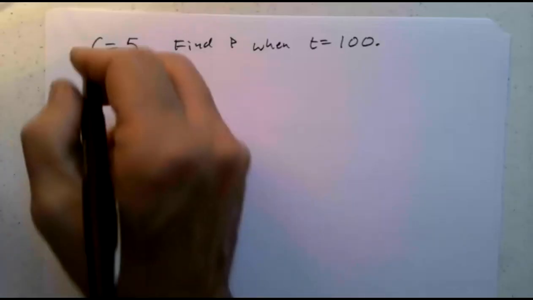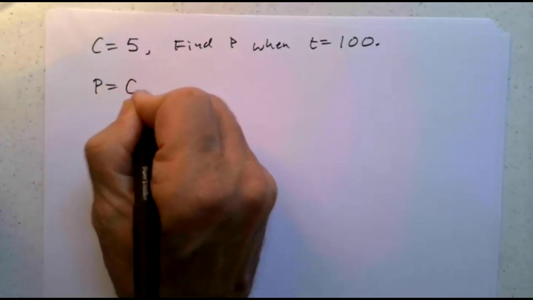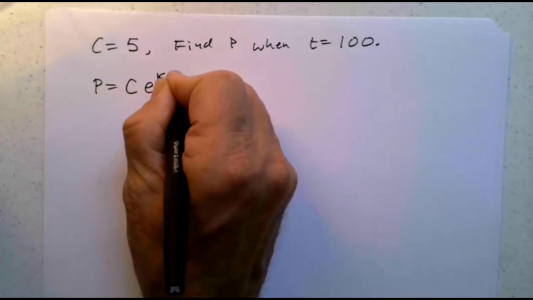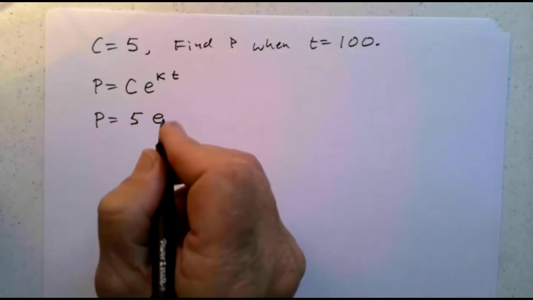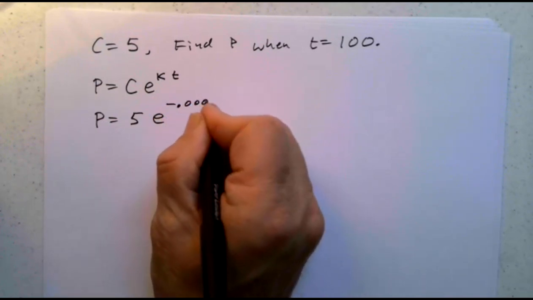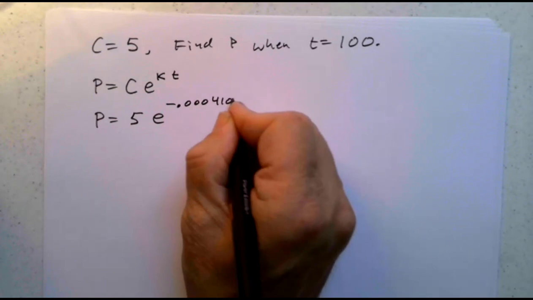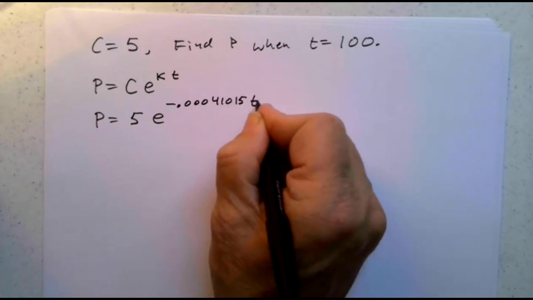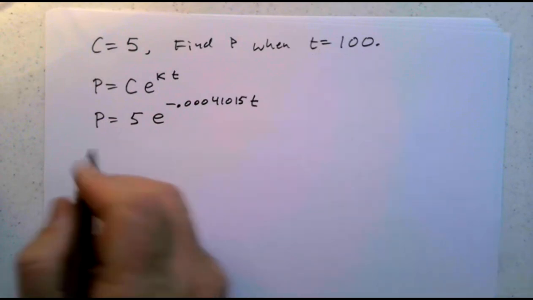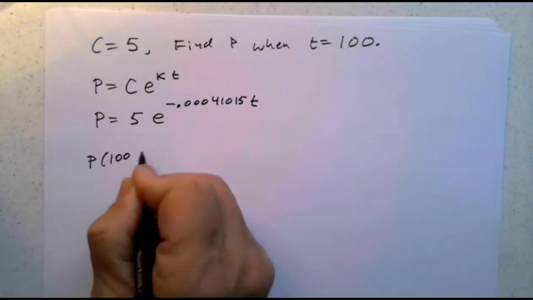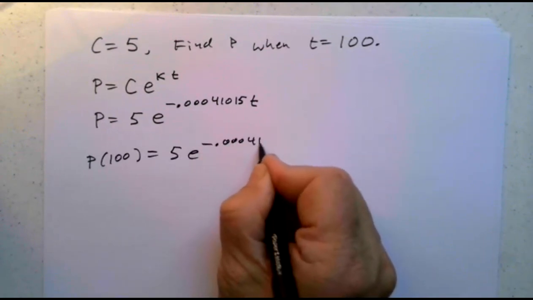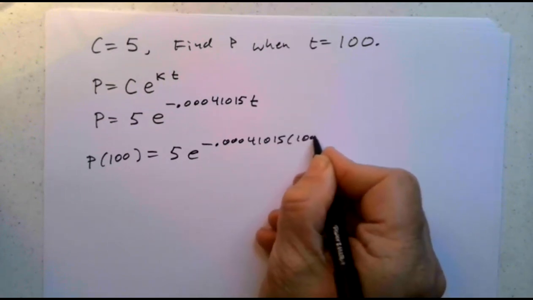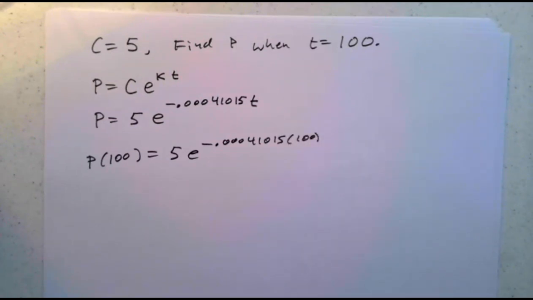So remember we said our original model was P, the amount present, equals C, the starting amount, times e to the KT, where K is our growth factor and T is our time. C here is 5, and K is negative 0.00041015. I want to find P when T is 100. So what is P of 100? 5e to the negative 0.00041015 times 100. That is certainly a job for the graphing calculator. So let's go do it.